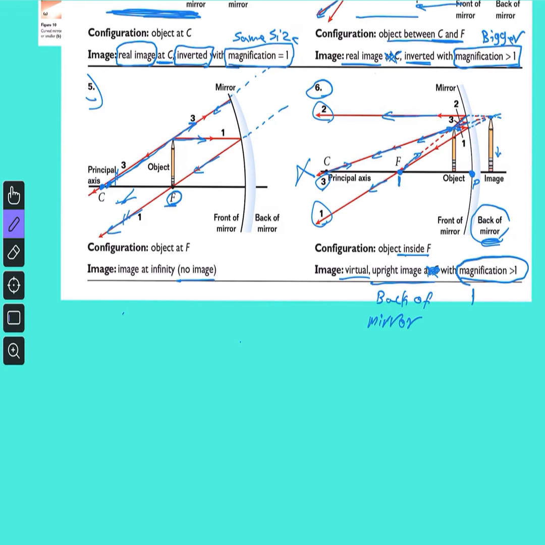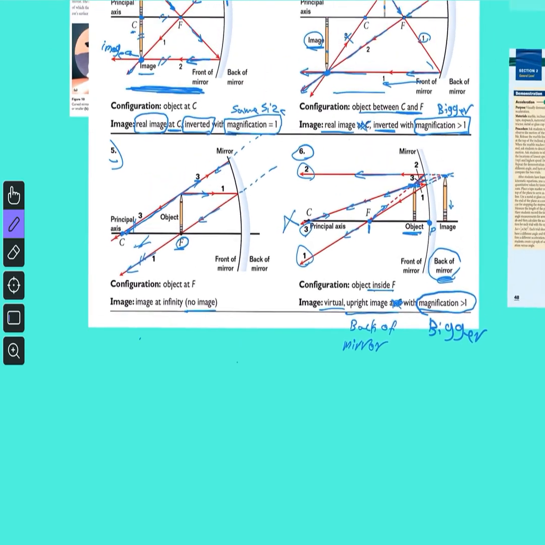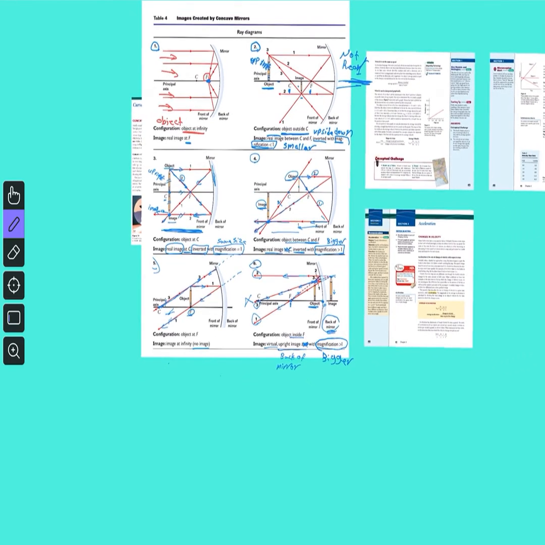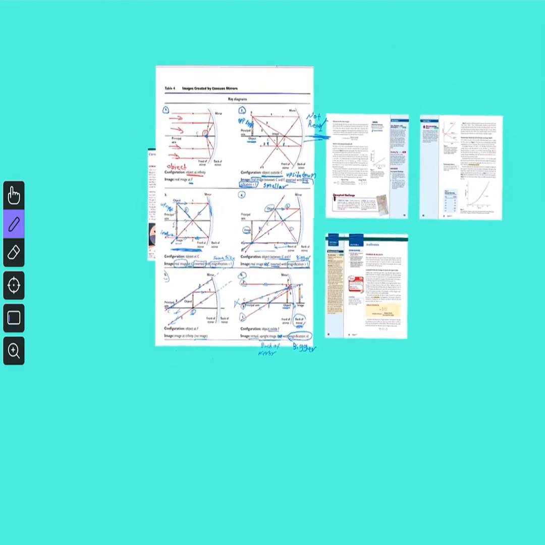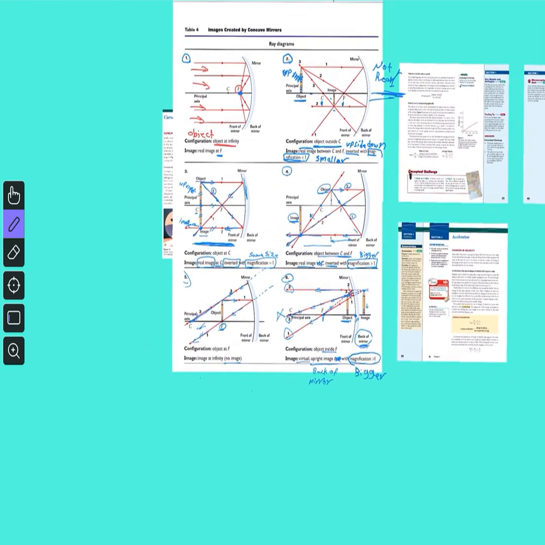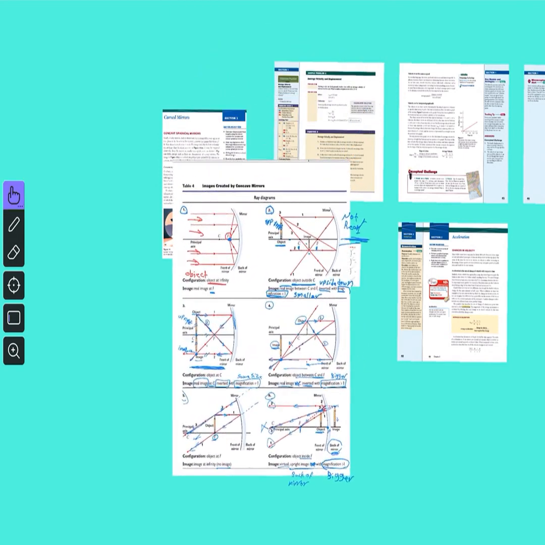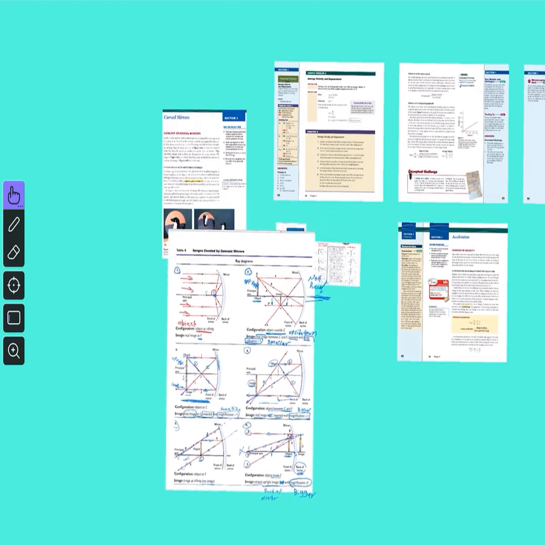What does it mean? It means the image is bigger than the object. Look at the object and look at the image, and it is bigger. That is the way of forming the image for the concave mirror, guys.